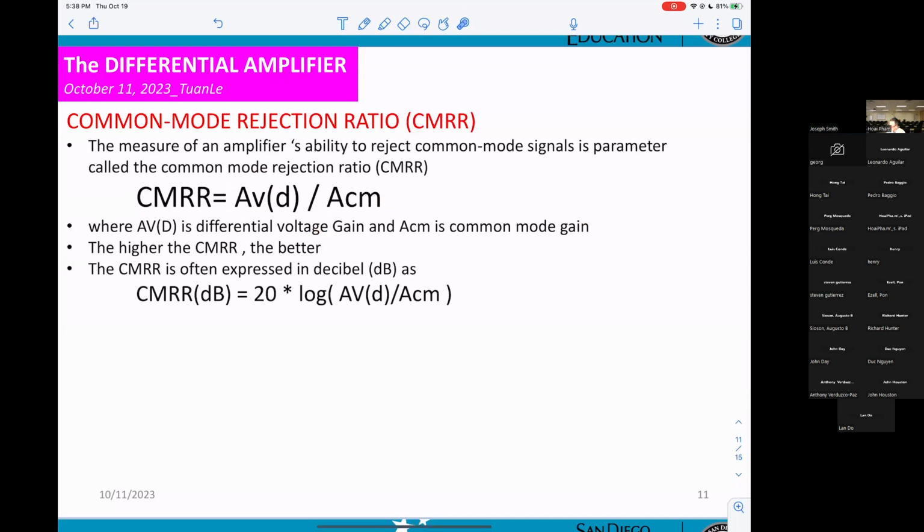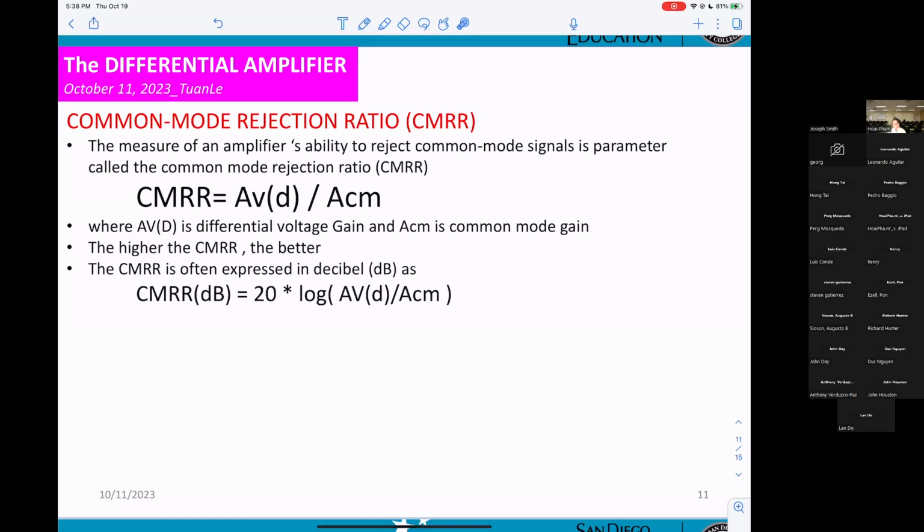Okay? Common mode rejection ratio is often expressed in decibels, dB. Next week, I will be talking about decibels. Common mode rejection ratio in dB equals 20 times log of the differential amplifier gain divided by the common mode amplifier gain.